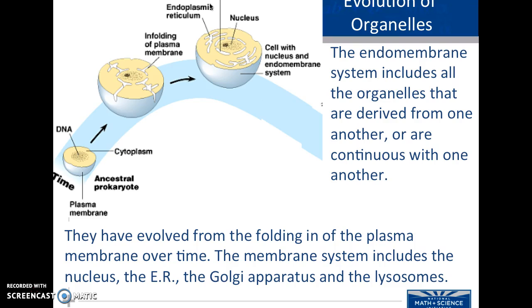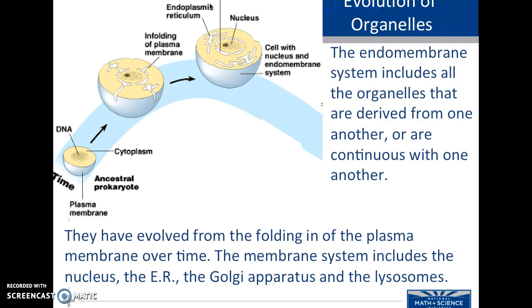Again, when we talk about the evolution of organelles, we think back to the endosymbiosis hypothesis. The endomembrane system includes all the organelles that are derived from one another, or which are continuous with one another. They have evolved from the folding in of plasma membrane over time. The membrane system includes the nucleus, the ER, the Golgi apparatus, and lysosomes.